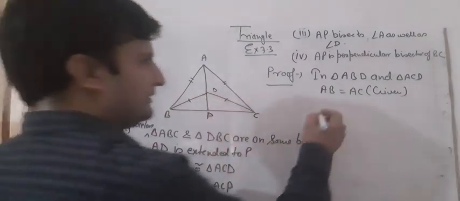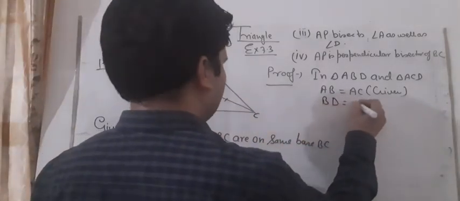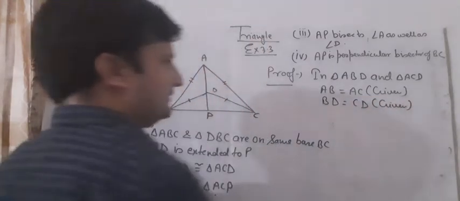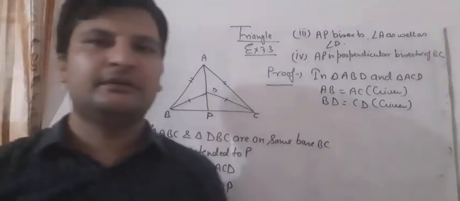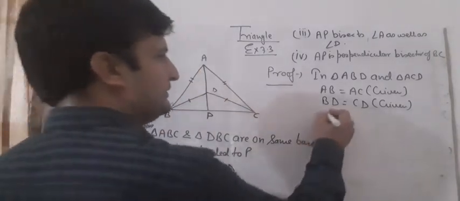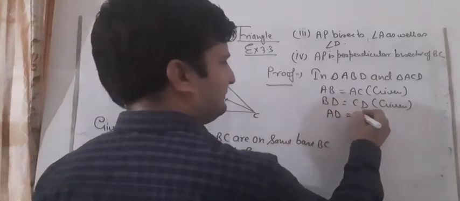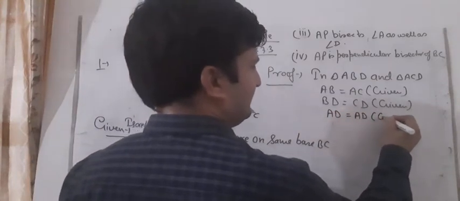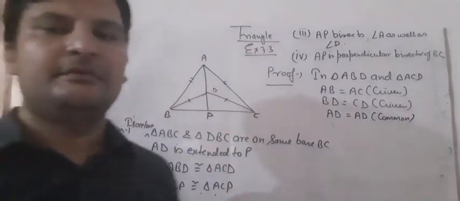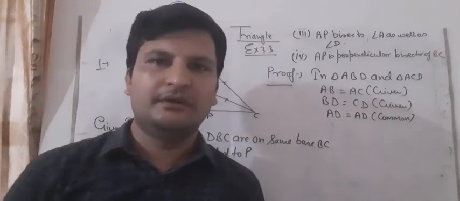Similarly, BD is equal to CD, it is also given. And AD is equal to AD, that is common, because AD is coming in both triangles.